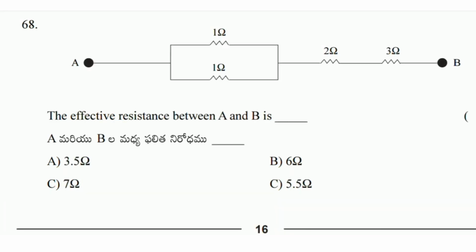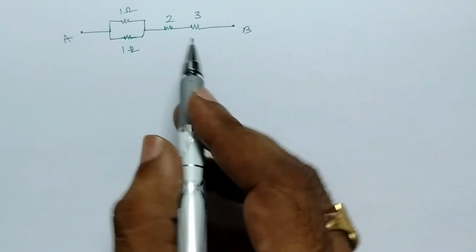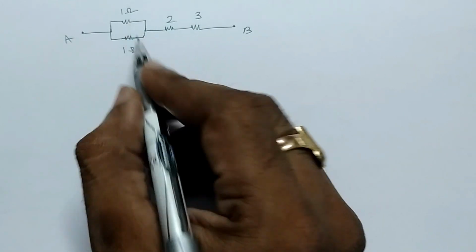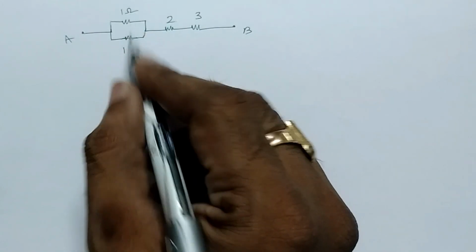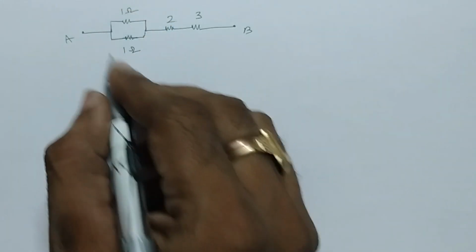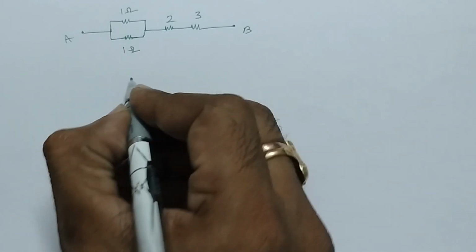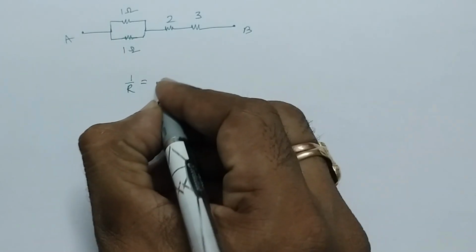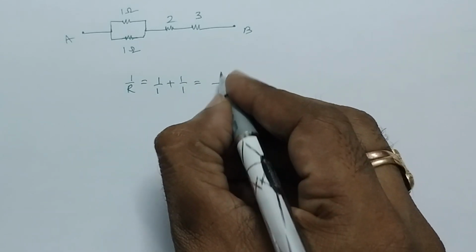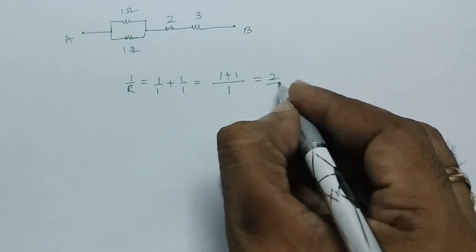Let's come to another question, that is, this is a circuit diagram. We have to find the effective resistance between A and B. Here the resistors 1 ohm and 1 ohm are connected in parallel. Let's find the effective resistance of these two parallel resistors. That means 1 by R is equal to 1 by 1 plus 1 by 1, which is equal to 2 by 1.